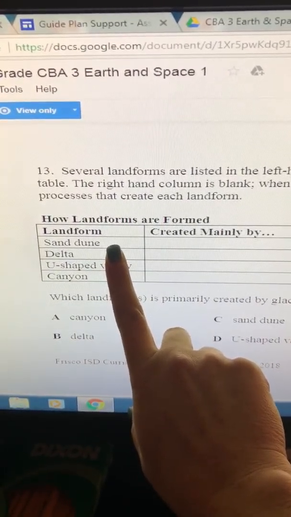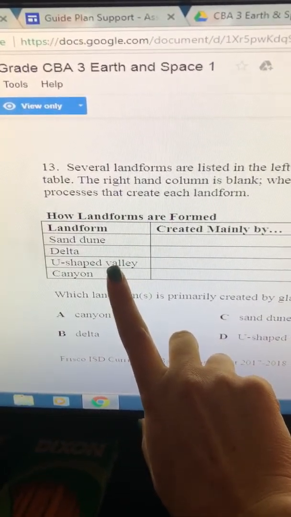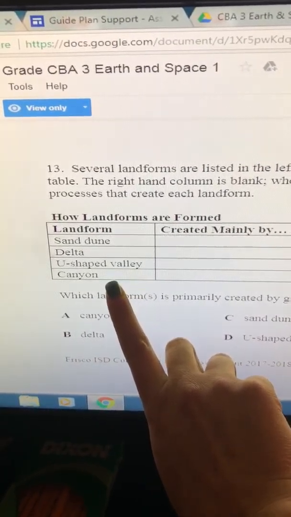Under landform, you have sand dune, delta, U-shaped valley, canyon. Which landform is primarily created by glaciers? A. Canyon. B. Delta. C. Sand dune. D. U-shaped valley. You may pause the video now.